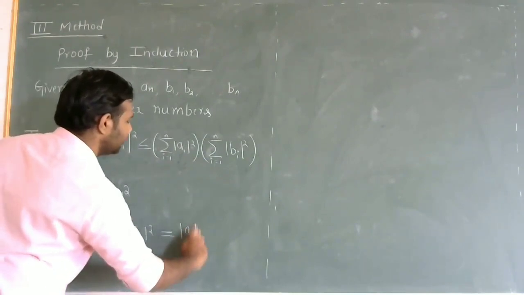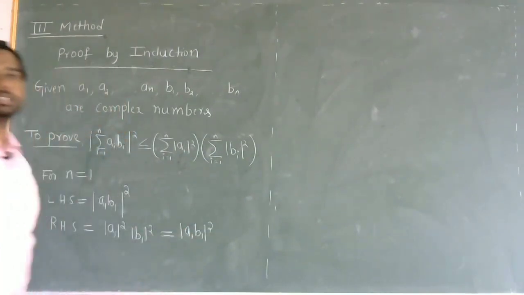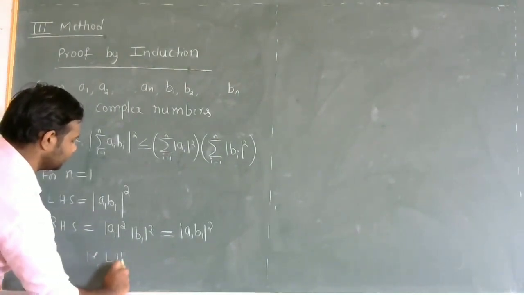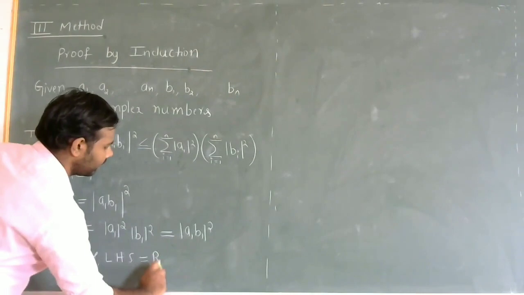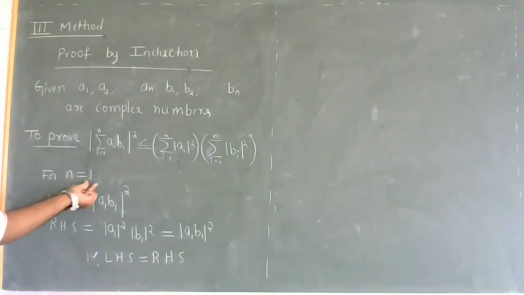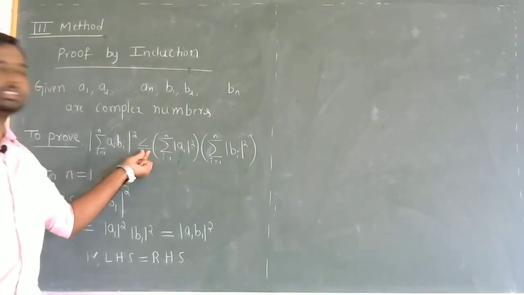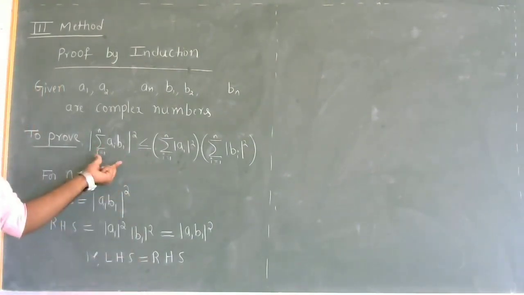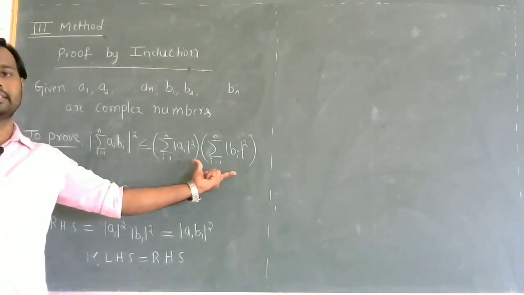So it is modulus of a1 b1 square. And you can observe that LHS is equal to RHS, which means for the case n is equal to 1, Cauchy's inequality holds with equality. Left hand side is equal to the right hand side.